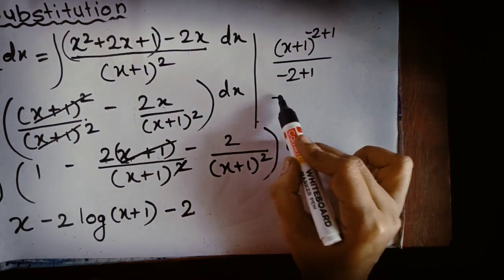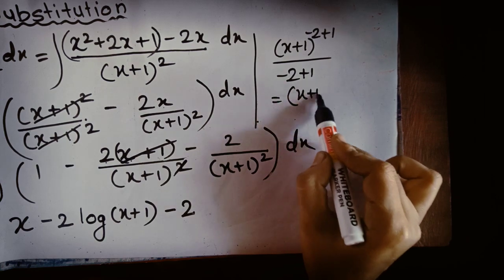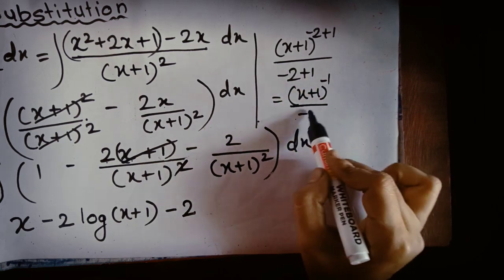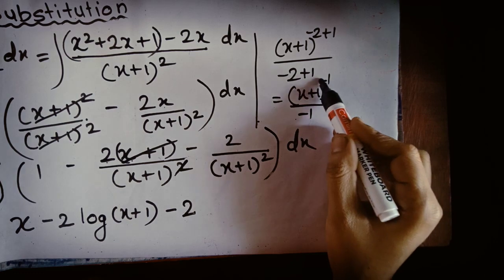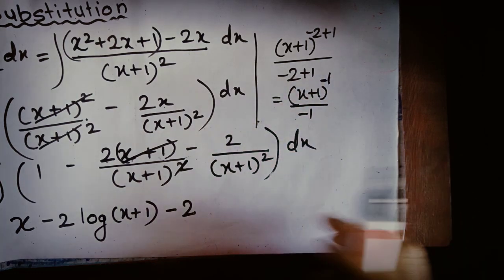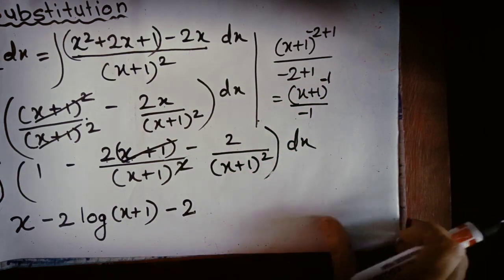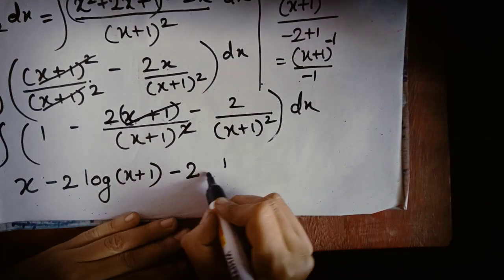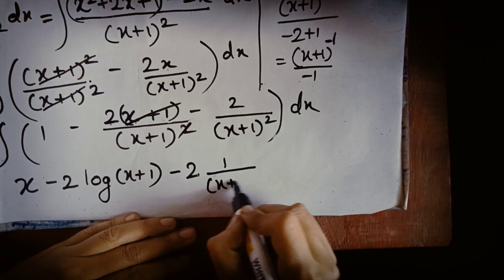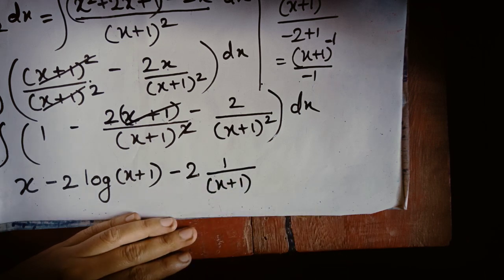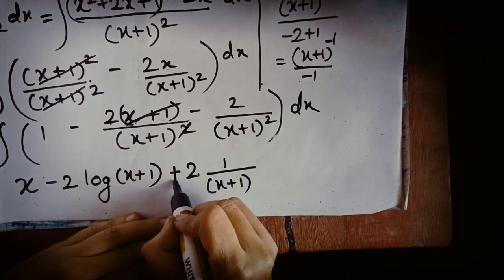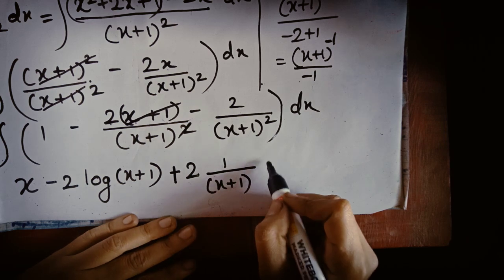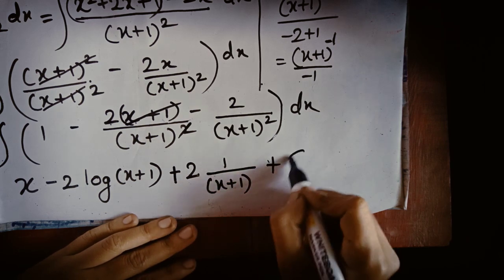So this will be x plus 1 raised to minus 1 upon minus 1. Raised to minus 1 means this will come in the denominator. So this will be 2, 1 upon x plus 1 into minus 1. So I can take this as positive. Okay, plus c.